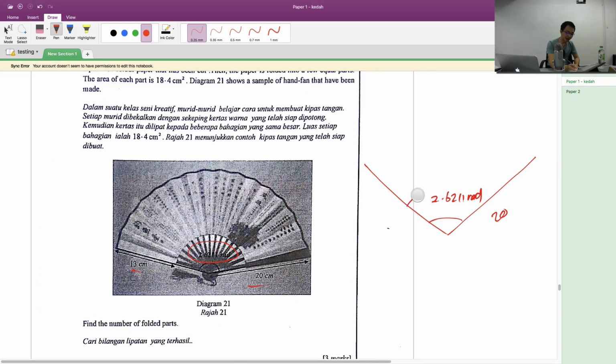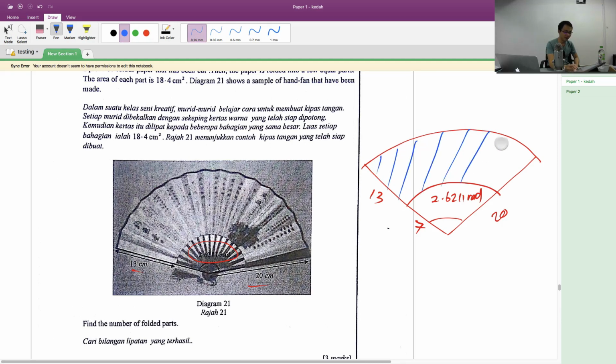However, it's actually cut like this, which means the length here is 13 and the length here is 7. So in order to make the fan, you only need this part, because this part is the color paper you use.